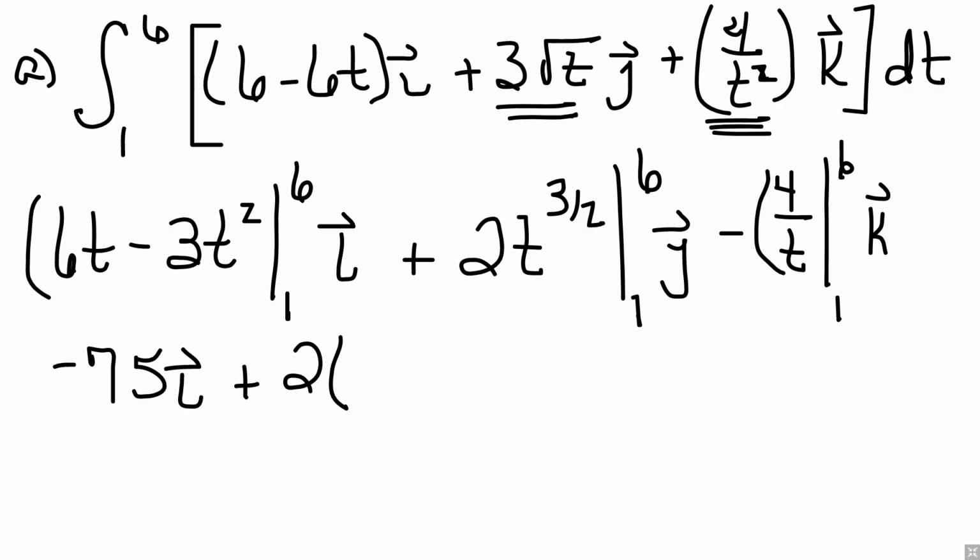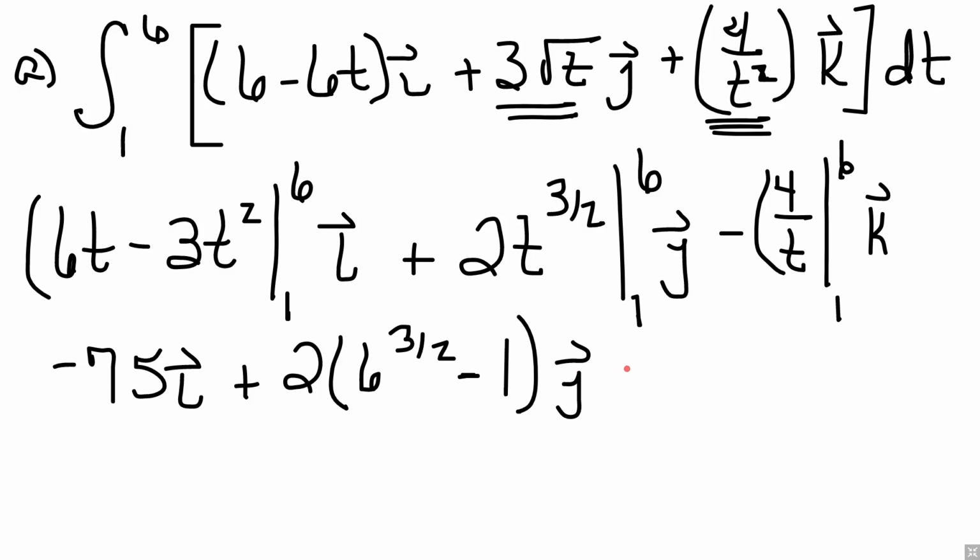Just leave it as an exact answer. So 6 to the 3 halves, I'm not going to be able to come up with an exact answer there, at least I don't think so. So I'm just going to leave it as 6 to the 3 halves here, and then minus 1 to the 3 halves, which is 1, in the j direction.